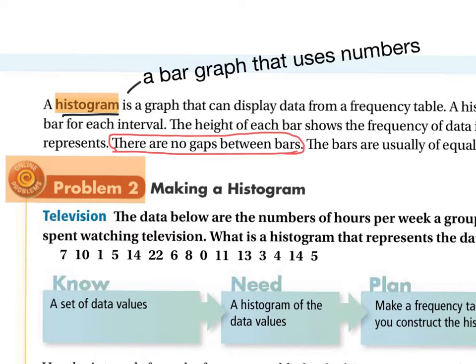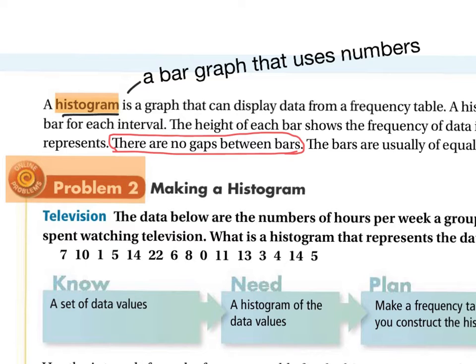And one of the things with histograms that's a little different than what we might do for bar graphs sometimes is there's no gaps between the bars. Also, there's no gap between the first bar and the y-axis. It starts right next to the y-axis for the histogram.